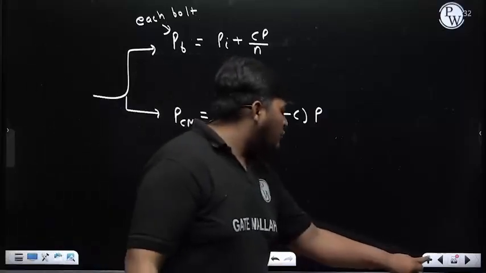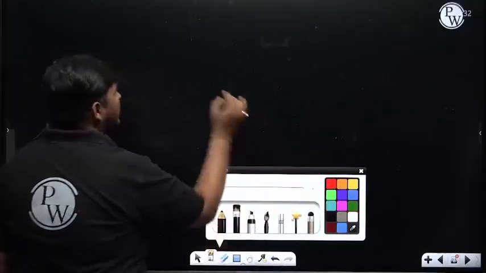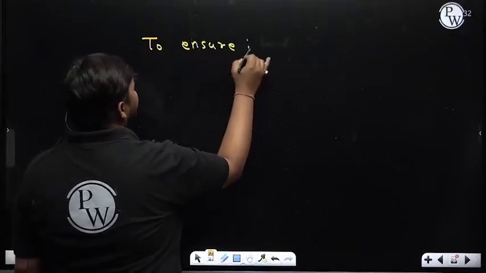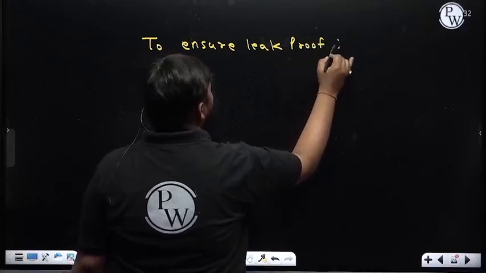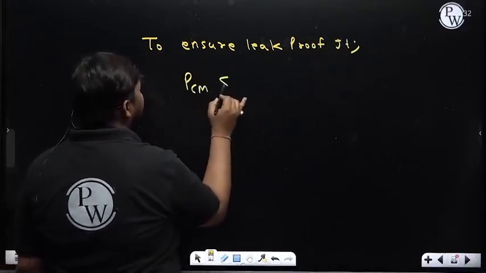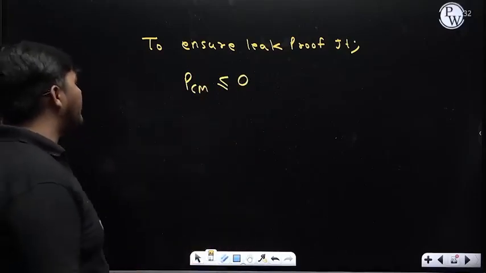Okay, now to ensure a leak proof joint, we have to ensure that the total axial force in the connecting member should be compressive, that is, it must be less than or equal to 0.